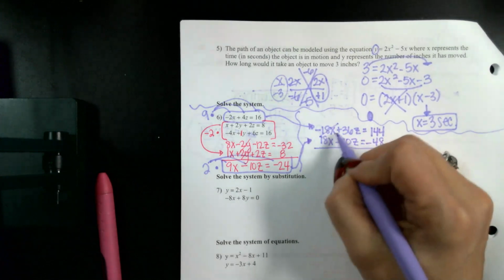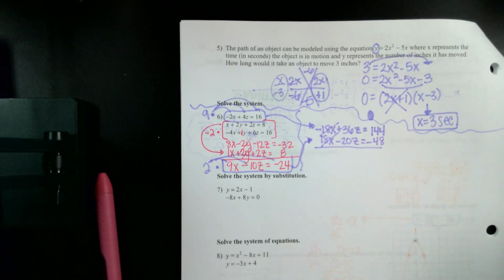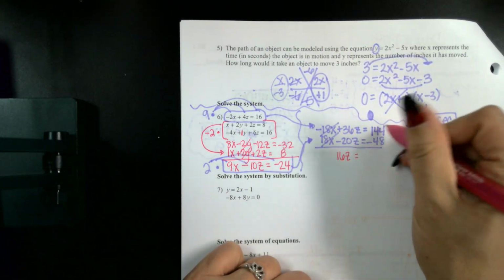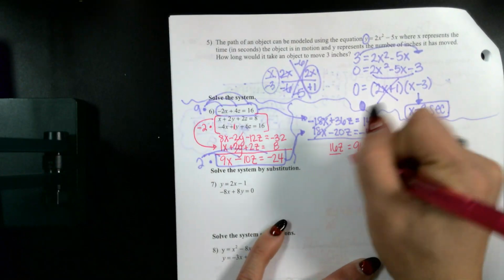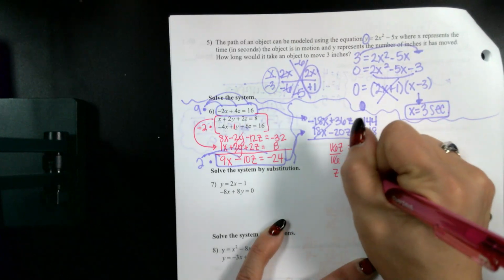And we will finally have our first answer of z. So 36 minus 20 is 16z. And then over on this side, we'd have a 96. 96 divided by 16. Finally have our first answer.